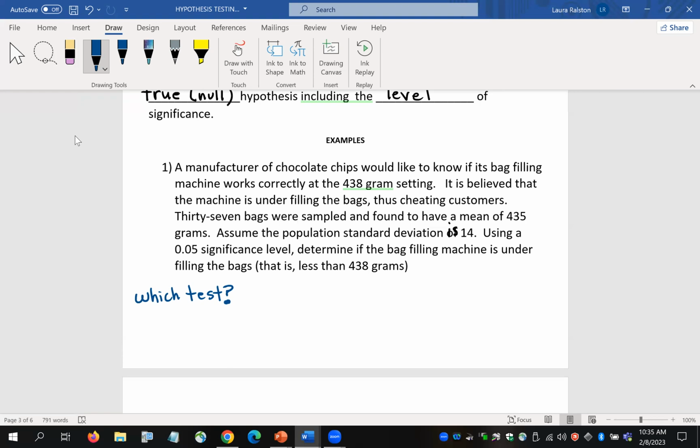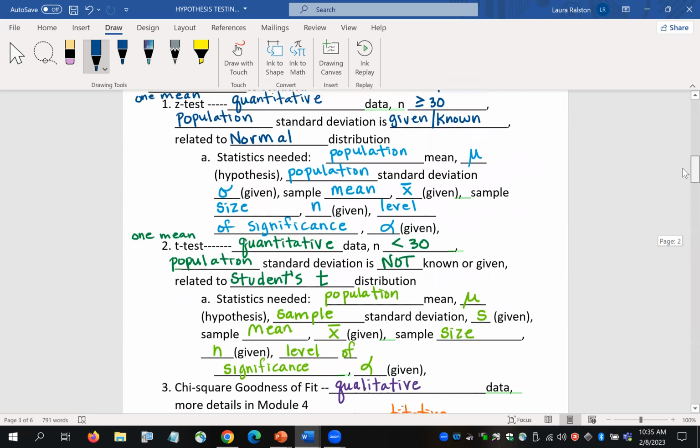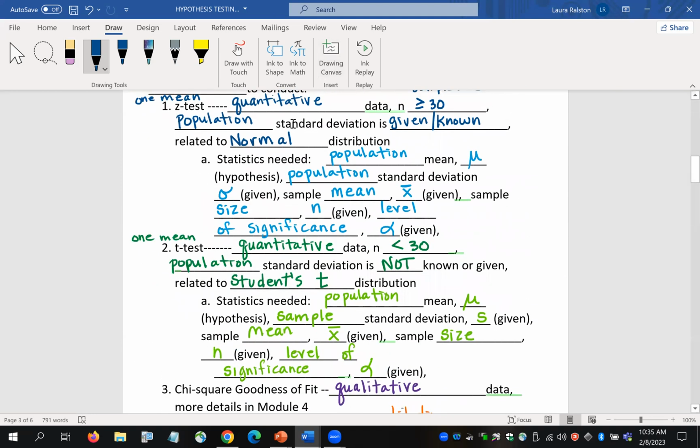The way you decide is whether or not you have the population standard deviation. If I know the population standard deviation, I'm going to do a Z. If I don't know the population standard deviation, I'm going to do a T.